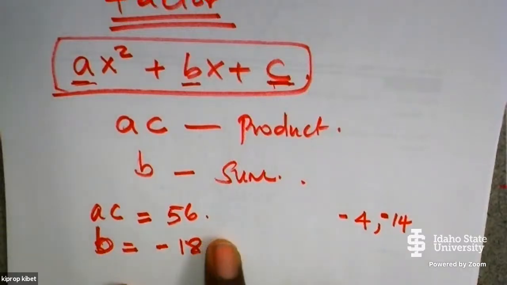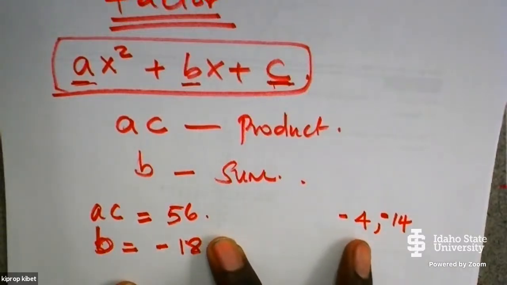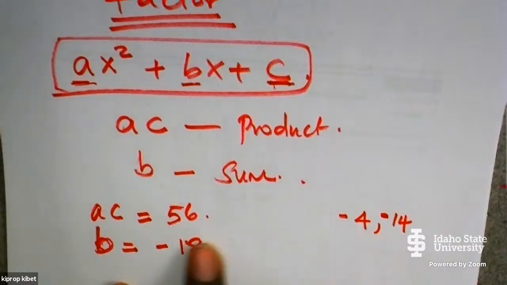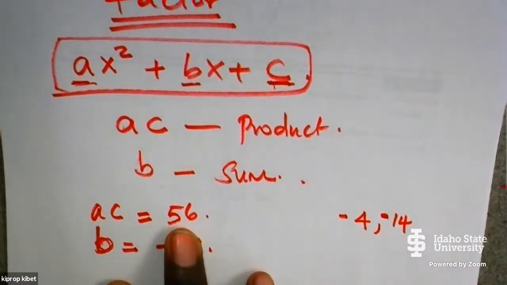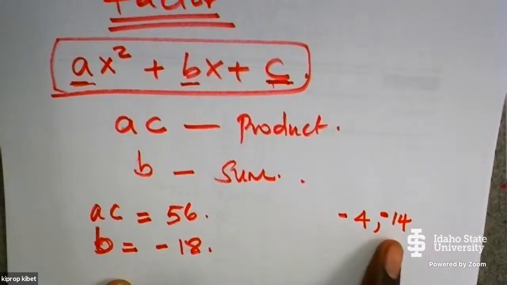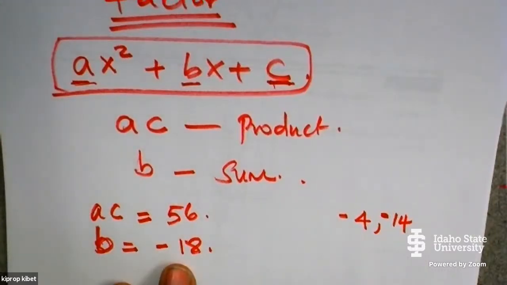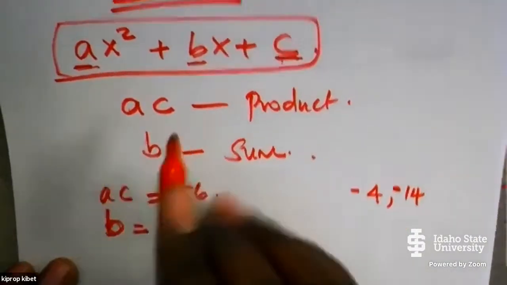Minus 4 multiplied by minus 14 is 56, and minus 4 minus 14 is negative 18.